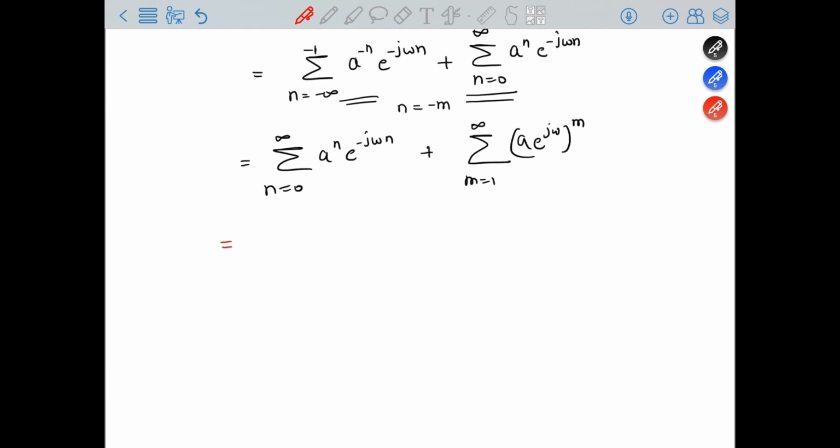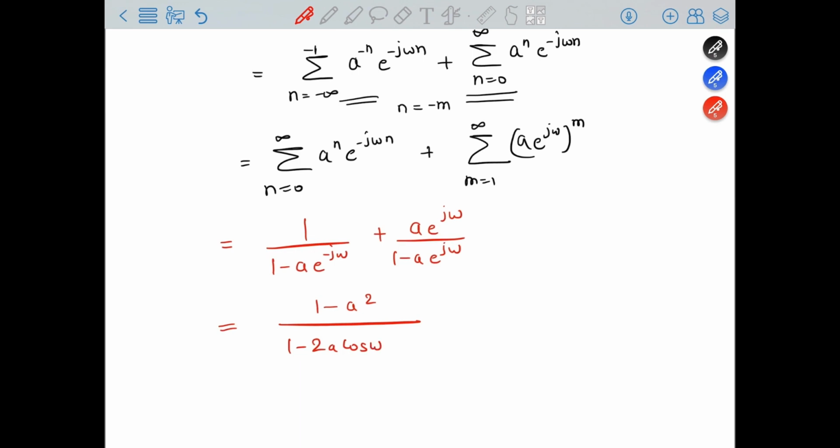So for that what we'll get is 1 over 1 minus a e raised to the power minus j omega, plus a e raised to the power j omega divided by 1 minus a e raised to the power j omega. And when we rearrange and solve it, we'll get a simple form as 1 minus a square over 1 minus 2a cos omega plus a square.